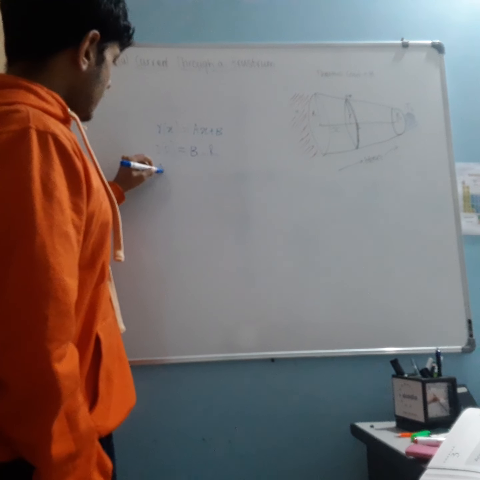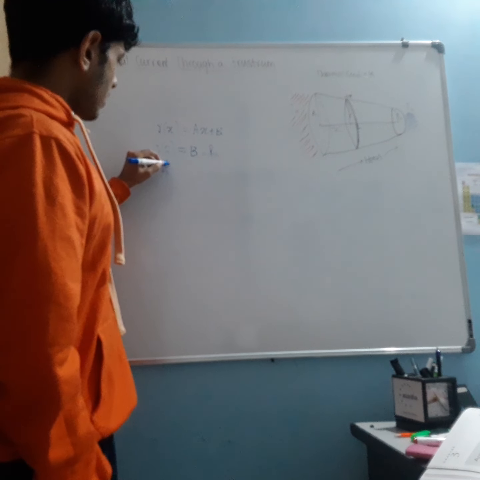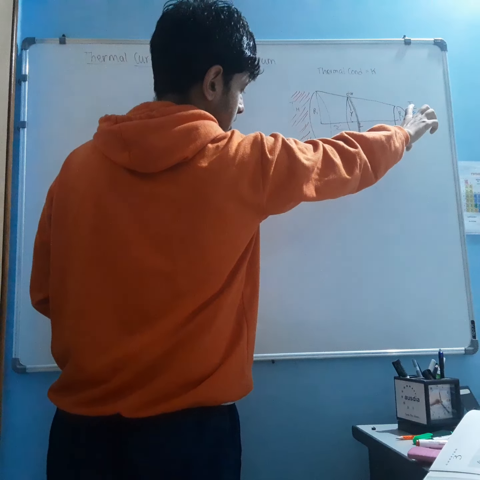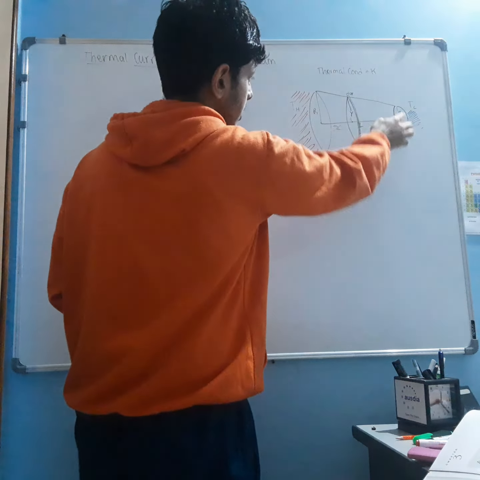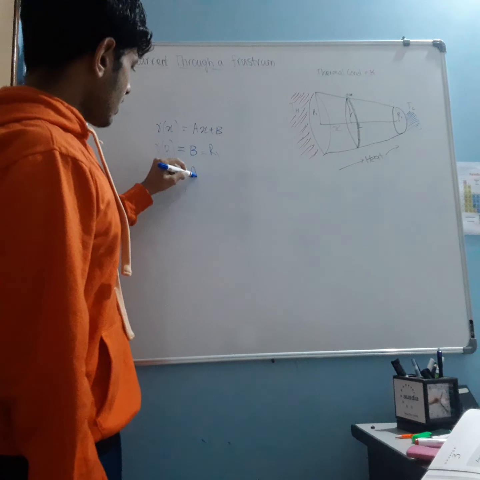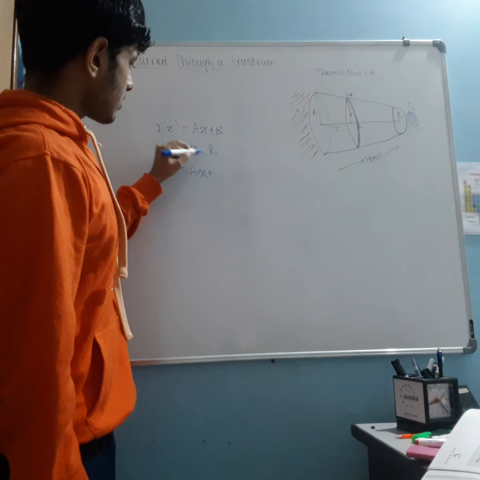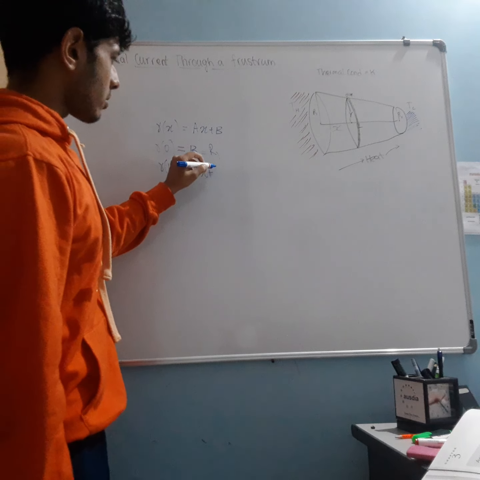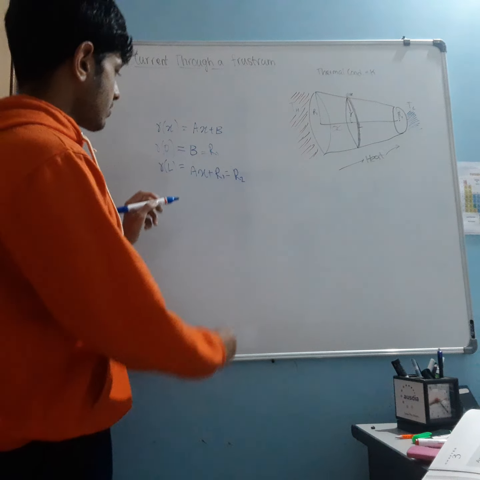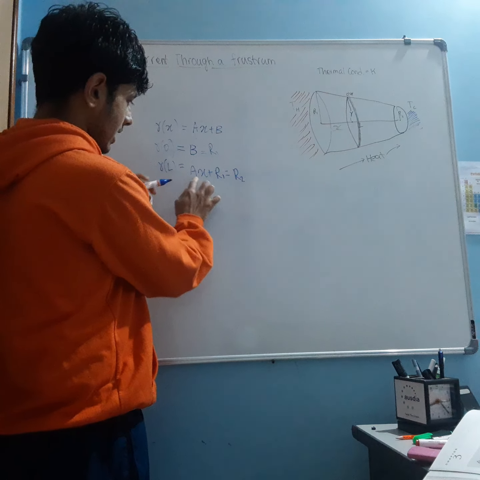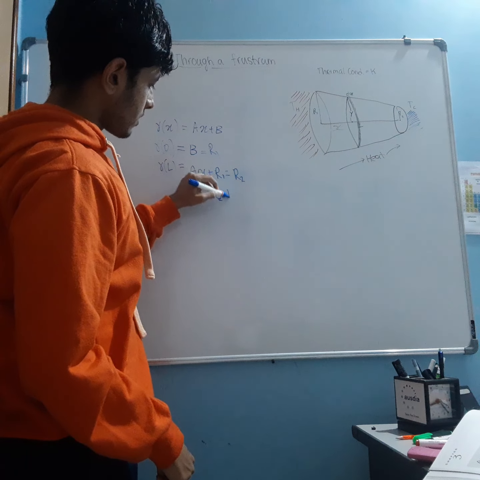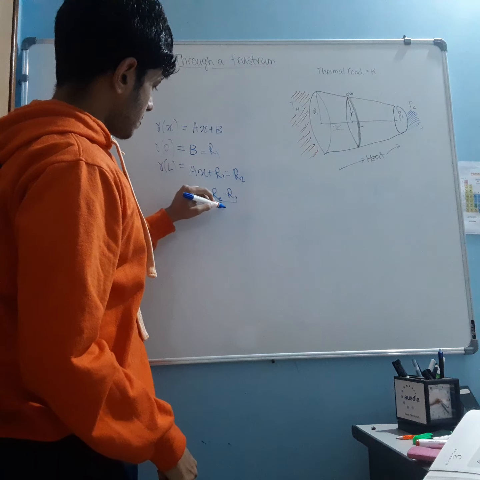And we know that at x equal to L, which is the length of the frustrum, it should give us a value of R2. So ax plus b, instead of b I can write R1, must give us R2. So we can isolate a.